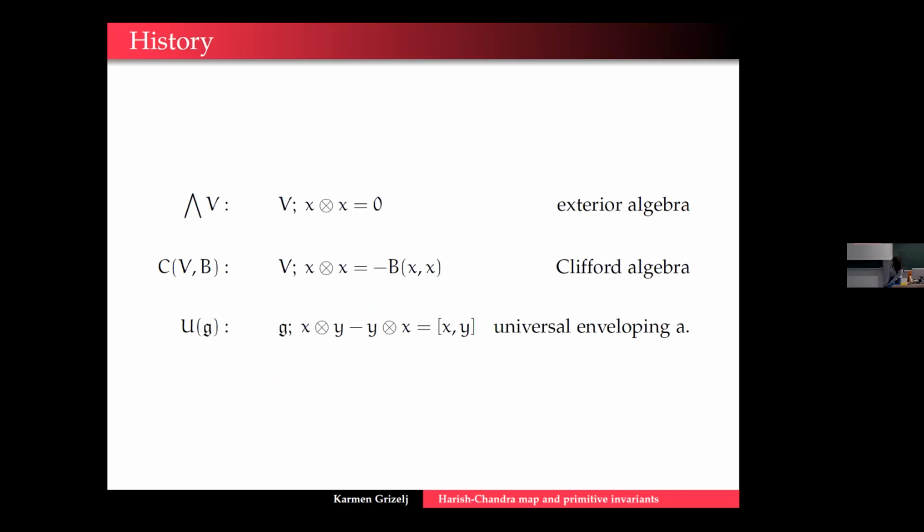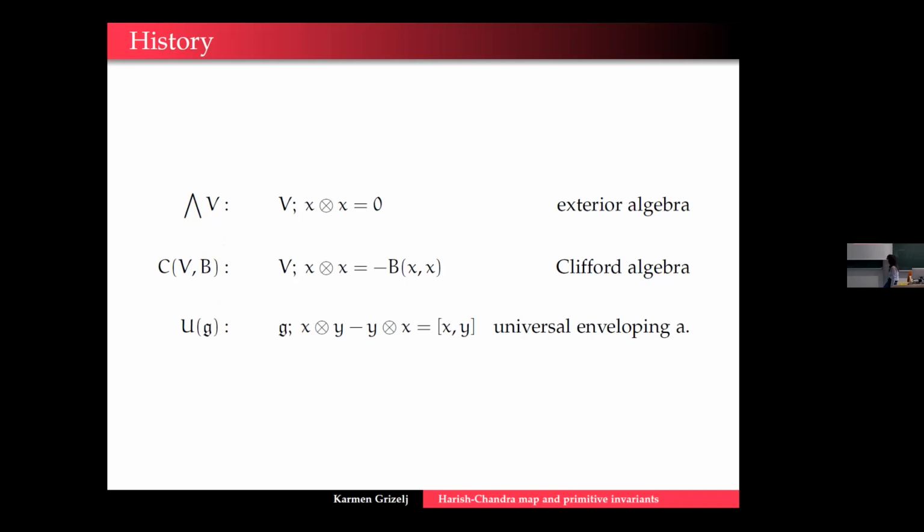Now, what I'm going to need are three algebras. I wrote the definitions for these, the first two for any vector space, although we will be mostly using Lie algebras.